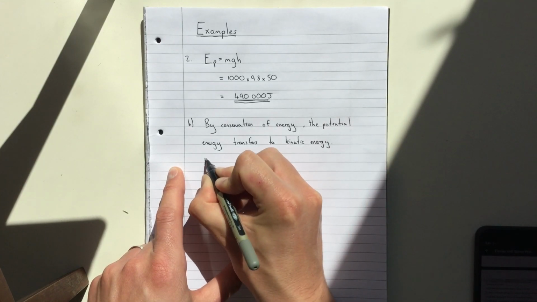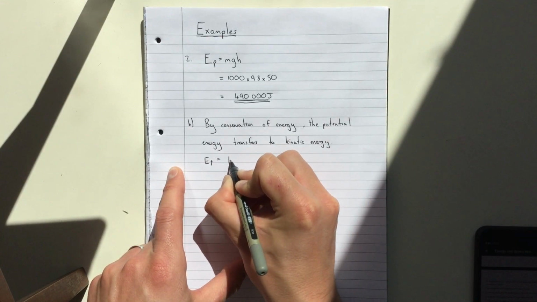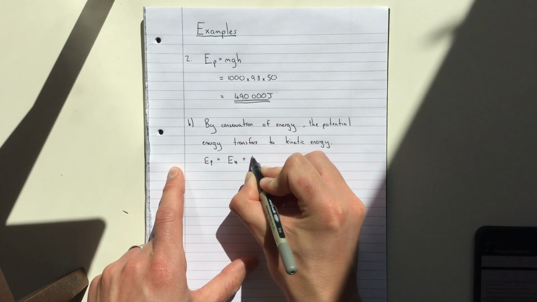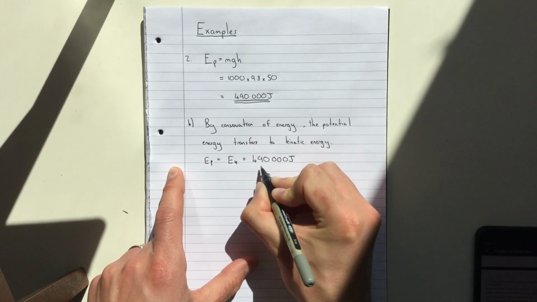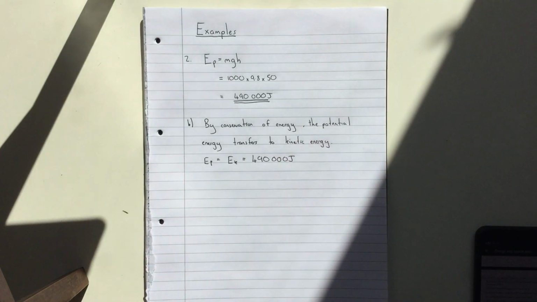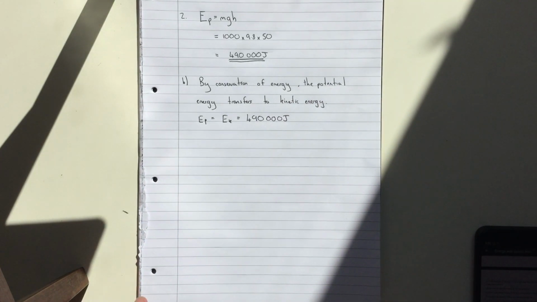So EP equals EK equals 490,000 joules, because it's the same, it transfers. Okay? Right, that's B.